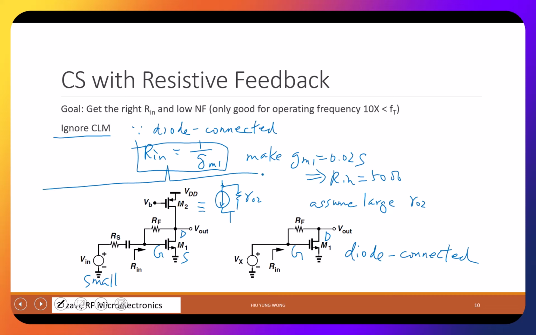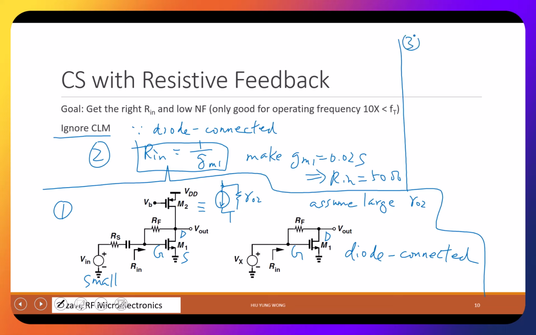Are you okay with this? Right? You trust me first. I say that if you know that already, looking into a diode connected transistor, the impedance is 1 over GM1. Okay, trust me on this first. Then if I want to get 50 ohm, I just make the GM1 equal to 0.02 Siemens.